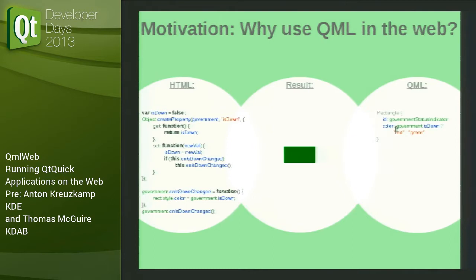If we want to do that using JavaScript, we can't do that actually. So we need something quite complex. We can do that property government is down using object create property. With this method, you can create a property and set transparent getters and setters, like you can do with QProperty in Qt.